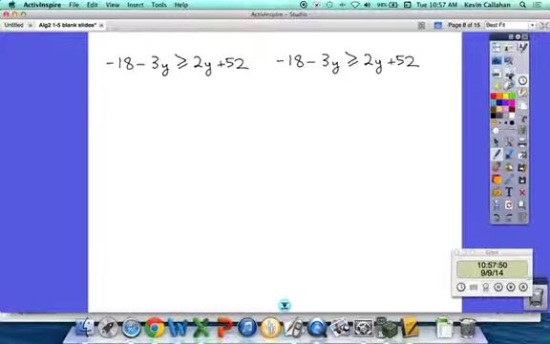Notice what would happen. This is the same thing written twice. Notice what would happen if I didn't move the smaller variable term. In this case, which is the smaller variable term? Negative 3y or positive 2y? The smaller would be negative 3y. But what if instead I said minus 2y?